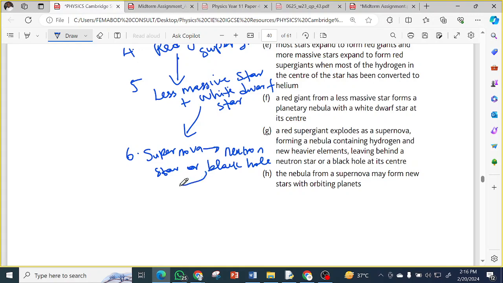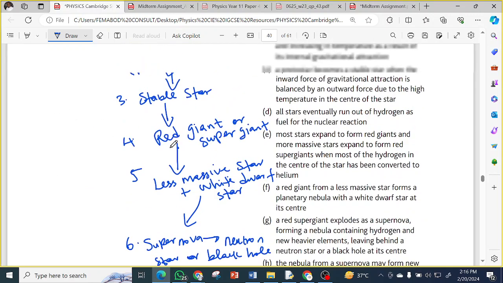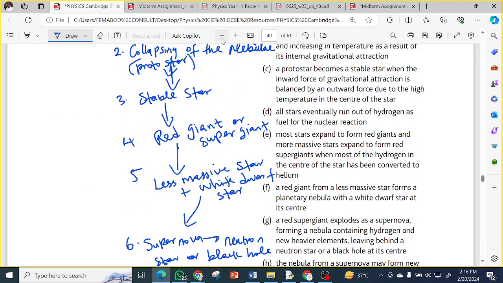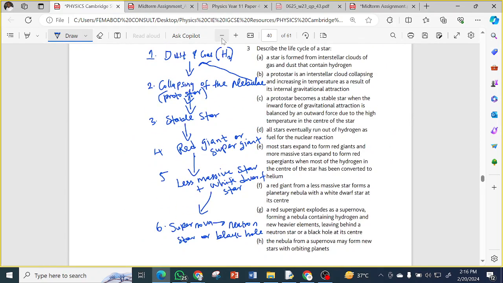Then the cycle continues again. That's what happens. So it starts another cycle again, and it continues like that.